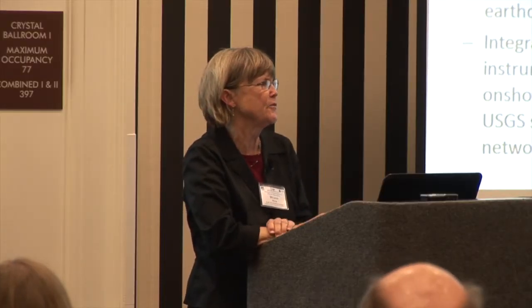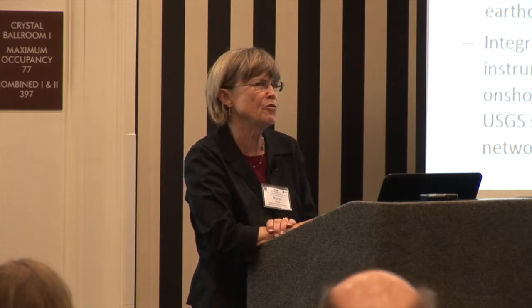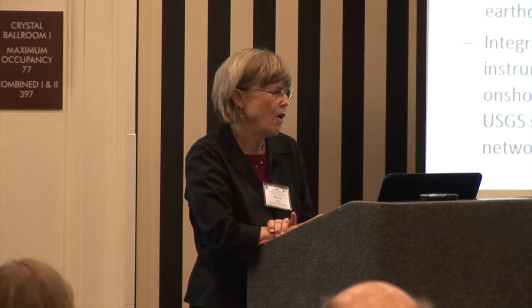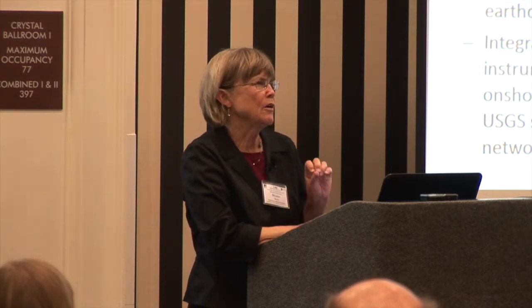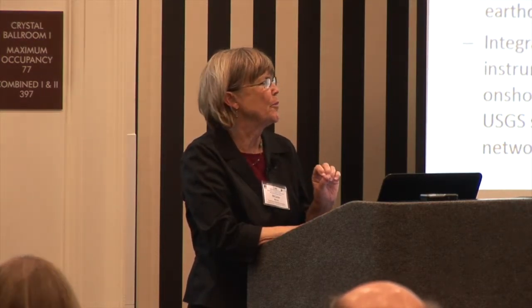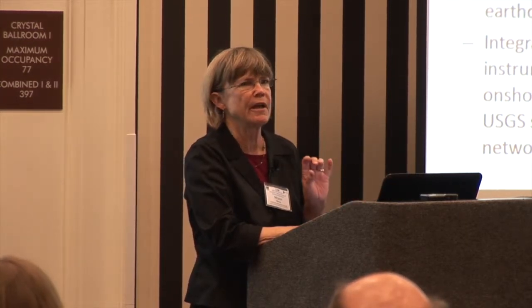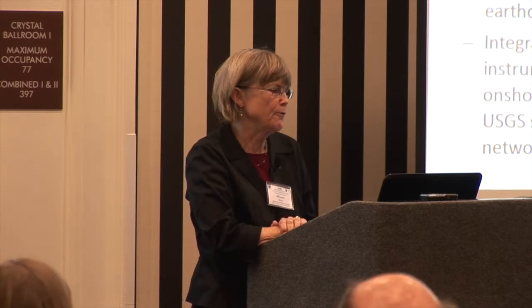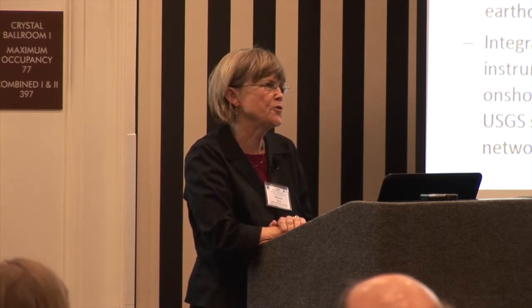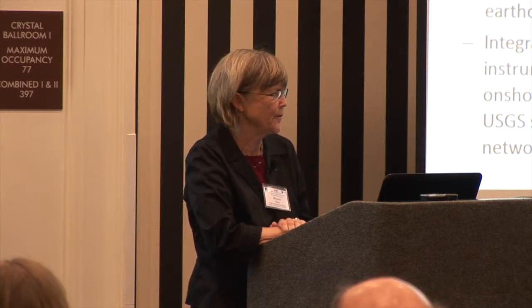And in the last 6 or 7 years, we've been upgrading to digital. So all of the triangles that are circled are now digital, and they contain both velocity and acceleration. And then the little 4 blue diamonds offshore is the OBS project that I'm going to be talking about.